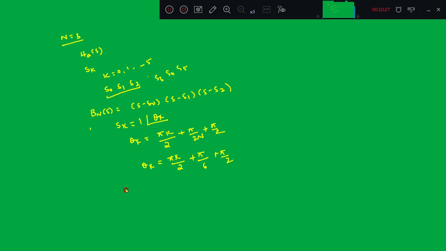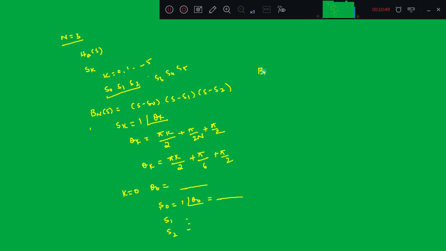Now you substitute k from 0 to 5. So k is equal to 0, you will get theta 0. You calculate, right? You will get some value. Then you calculate S0 is equal to 1 divided by this theta 0. You will get some function. Similarly, you calculate S1, S2 and simplify like this.